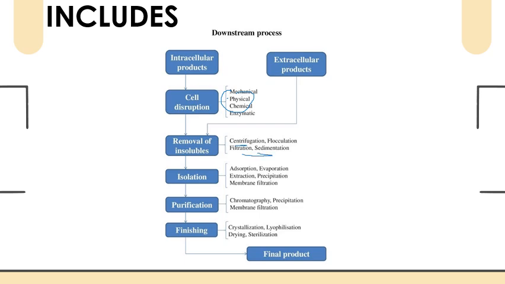We also have isolation that includes absorption, evaporation, extraction, and precipitation, and also membrane filtration. We will be discussing a few of those methods. And then we have the purification process, which includes chromatography, precipitation, and also membrane filtration. Finally, finishing, or what we call polishing, involves crystallization, lyophilization, drying, and also sterilization until we get our final product.